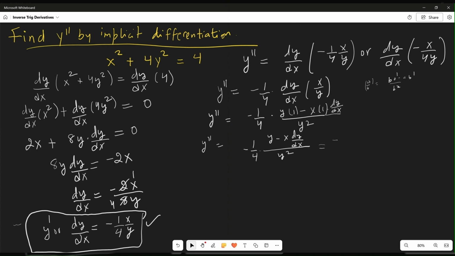You see what I'm saying now? We already solved for y prime, dy over dx. We can just plug in the value here. So dy over dx, which we have already solved, is simply negative x over 4y, and then divided by y squared.